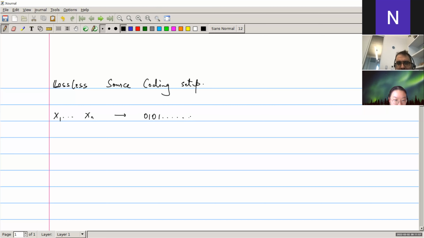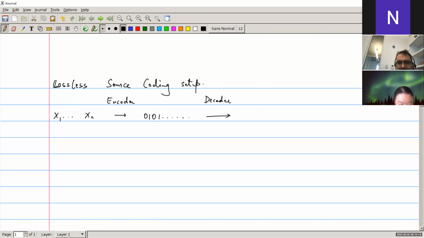This part is what we call an encoder. And a decoder reads this sequence of bits. The decoder knows what the encoder would have done.